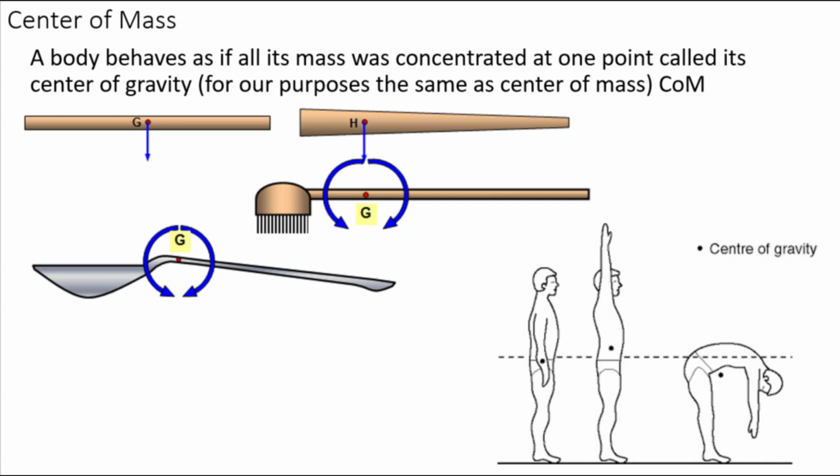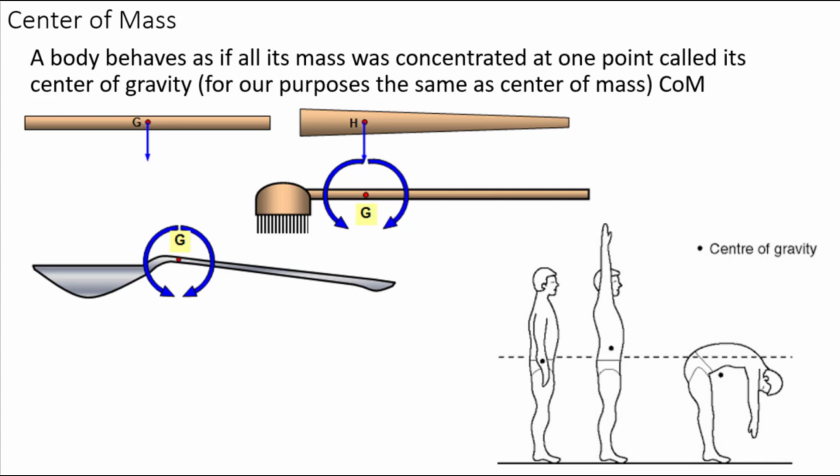So for our purposes in this class, when you're doing any kind of body analysis, as long as you're not in space, on Mars, or on the moon, which is possible but unlikely, you're going to be on planet Earth doing exercise and intervention and so forth. Center of mass and center of gravity are the same. And like I said, it's the theoretical balance point.